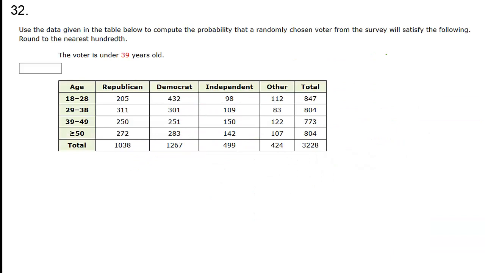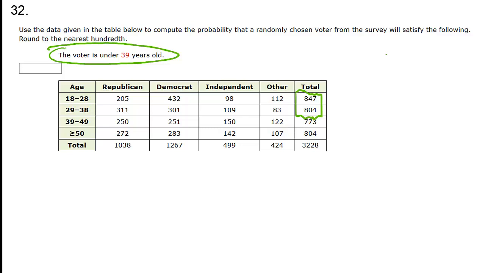Number 32. Use the data given in the table below to compute the probability that a randomly chosen voter from the survey will satisfy the following and round to the nearest hundredth. And that is that the voter is under 39 years old. So the probability that the voter is under 39 years old. So if you look through there, the rows start out 18 to 28.